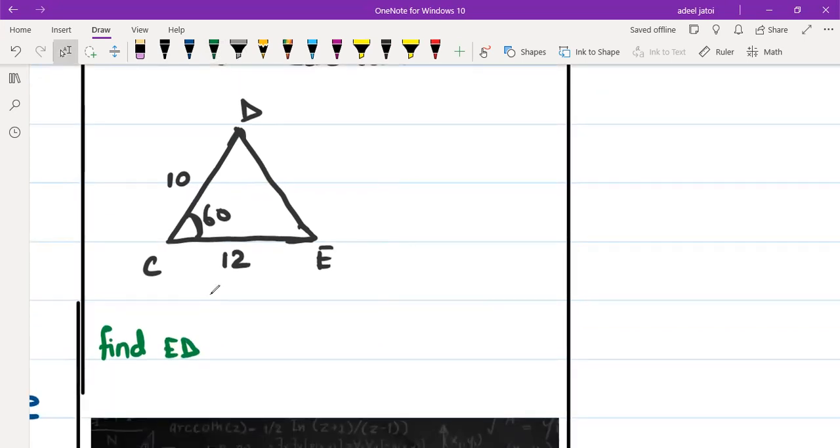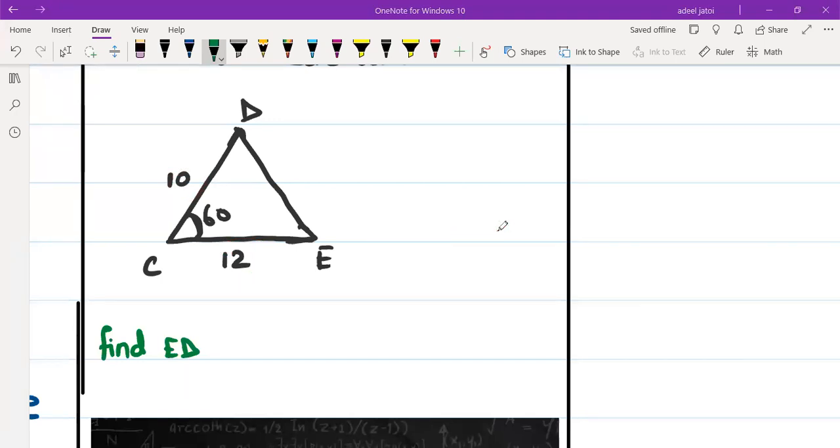So looking at the question, this side is missing. Since this is missing, it's a non-right angle triangle. Opposite angle is given and adjacent sides are given to the angle. So when the opposite angle and adjacent sides are given, we will be applying cosine rule.